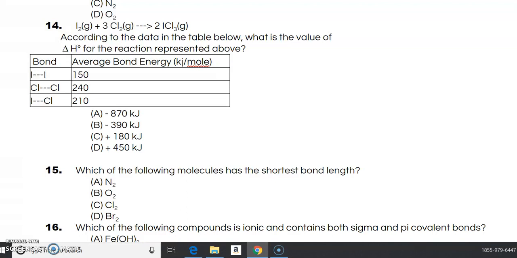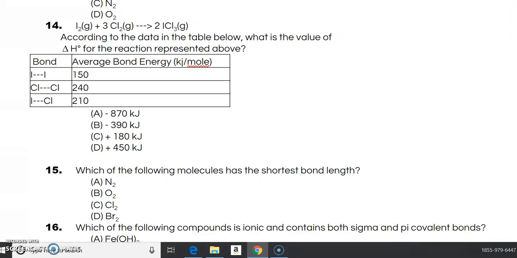That means you have 2 moles times 3 times 210. So it's like 210 plus 210 plus 210. And that will be in another bracket. So when you plug that in, your final response will be negative 390 kilojoules technically per mole. And so the best answer is B.